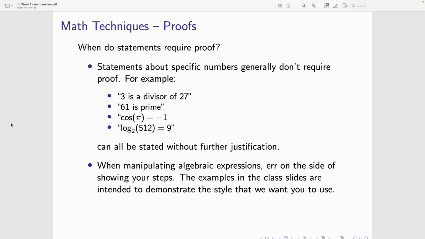Show your work. There's definitely some "could just say" and what you have to justify, but it's judgment and intuition that you'll develop as you write more proofs. And the examples on these slides will demonstrate the sort of style that you're supposed to use in your submissions.